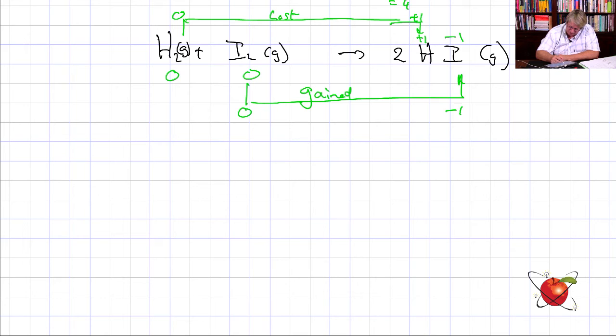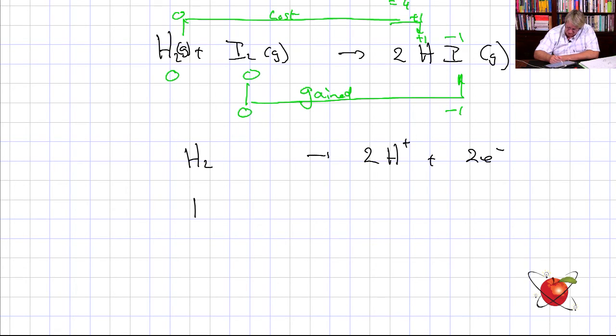And what would our half reactions be? Let me go back to do it in black. Okay, our half reaction would be H2 has changed to H plus, right? But there's two of them again, so there must be 2H plus, and 2 electrons were lost off the side.